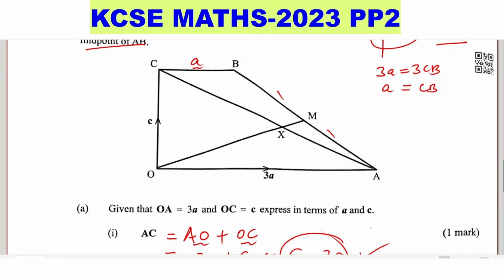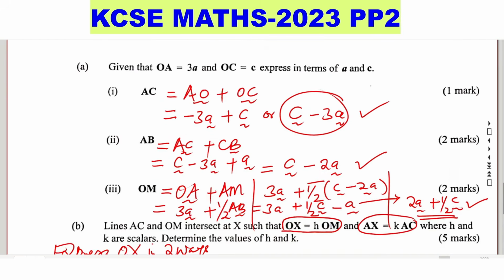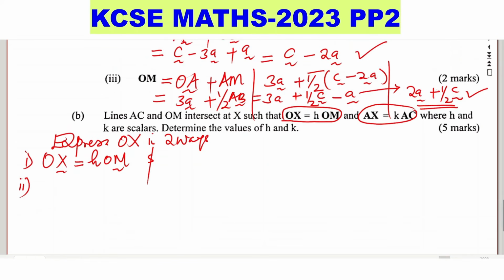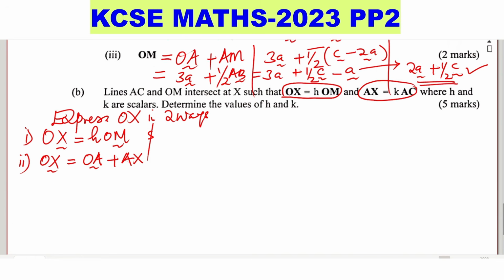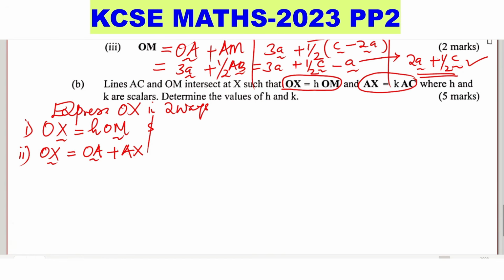So OX is equal to from O to A, then from A to X. So you can see I've used AX. These are the two vectors that you need, and this will give you two equations that you're going to solve simultaneously.